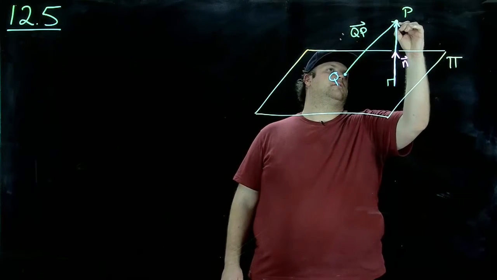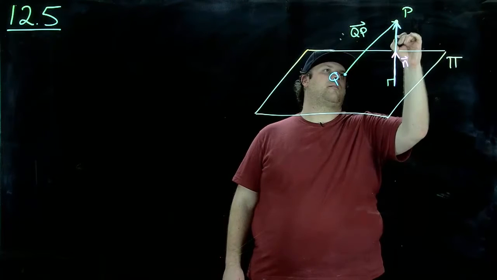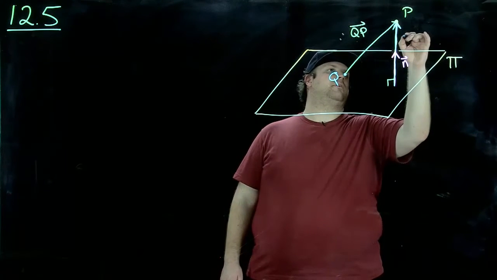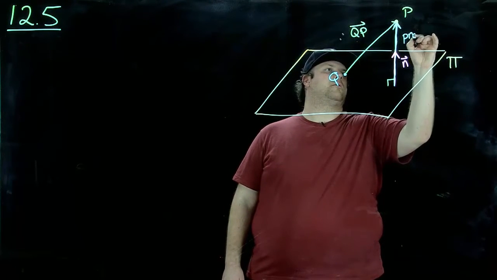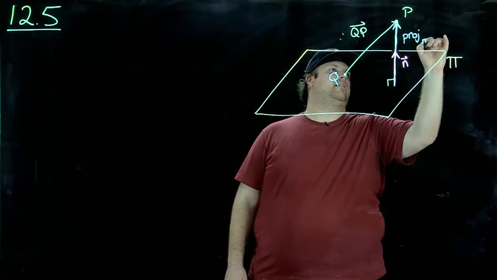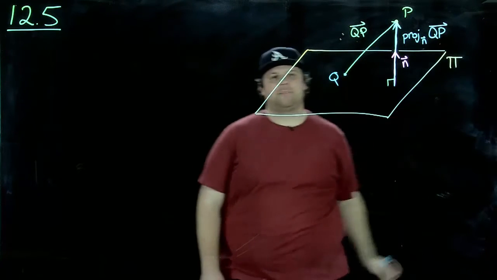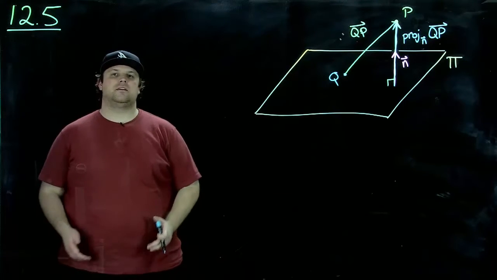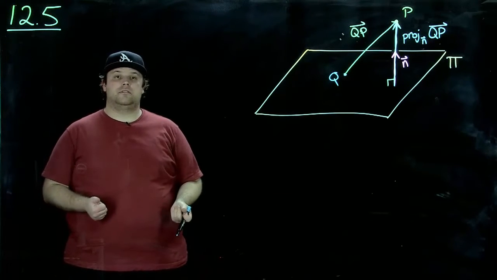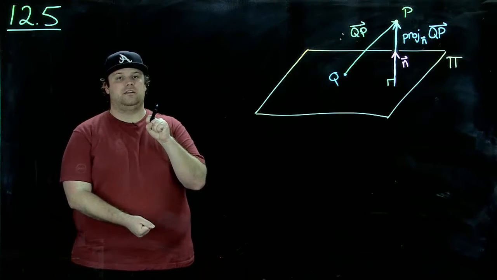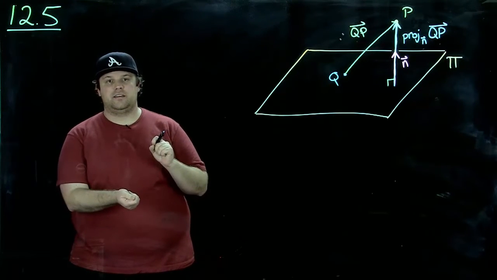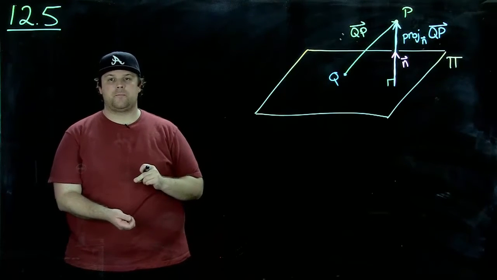So this vector here is given by the projection onto n of QP. Okay? So that's now a connection we have. It starts on the plane and it ends at the point.